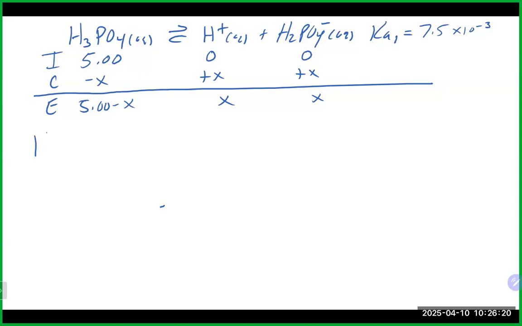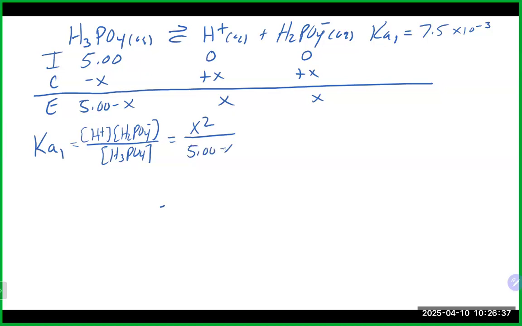This would go into our Ka1 expression, which is our products over our reactants. That would essentially give me x squared divided by 5 minus x equals 7.5 times 10 to the minus 3.